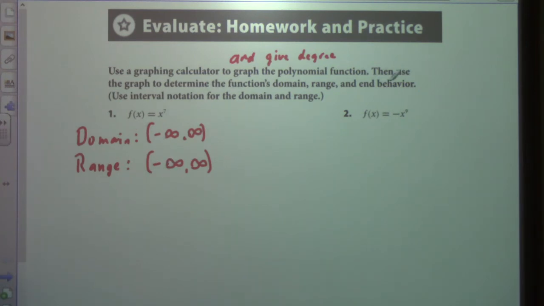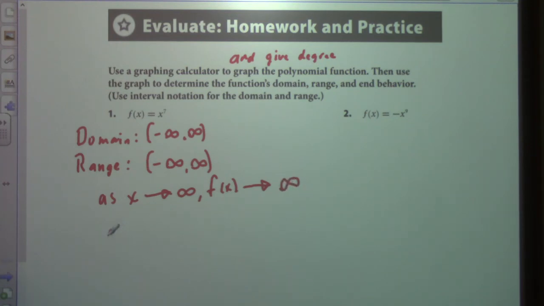Next we say end behavior. As x approaches infinity, f of x approaches infinity, right?